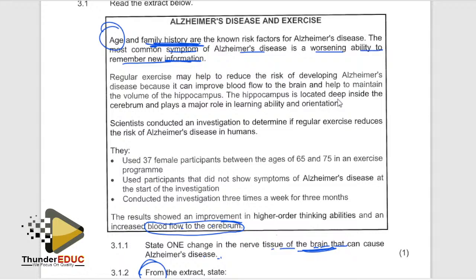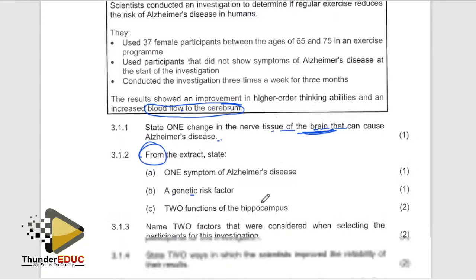Hippocampus is located deep inside the cerebrum and plays a major role in learning ability and orientation. So what is the function? Plays a role in learning ability. It improves the learning ability and orientation. So basically that's what they are looking for there.